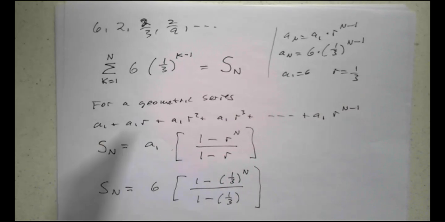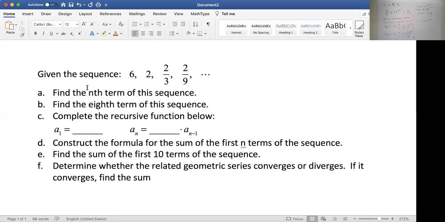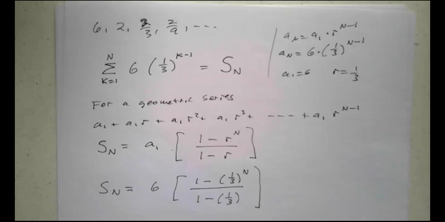Here it is written that way, and we'll try them both as we move on to our next question, which is to find the sum of the first 10 terms of the sequence. Okay, what do we know?